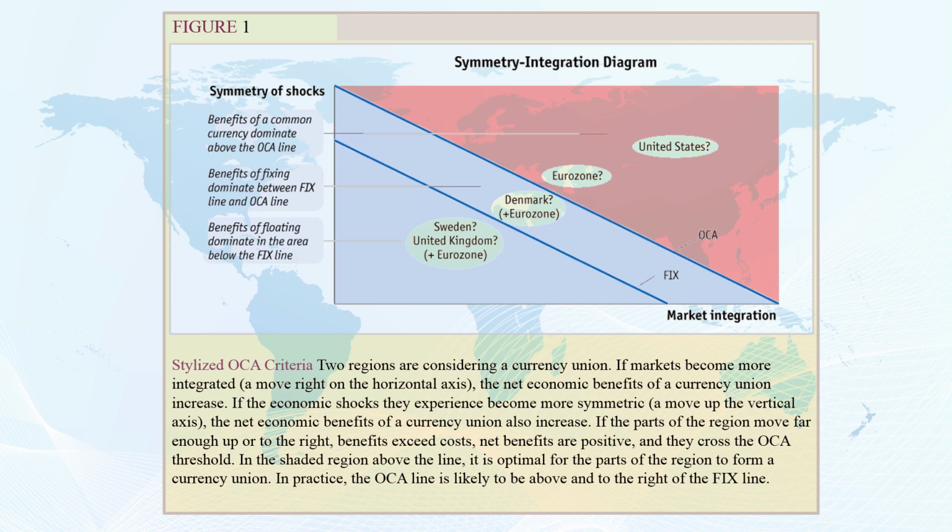If the home-foreign pair moves up and to the right in the diagram, then the benefits increase, the costs fall, and so the net benefit of a currency union rises. At some point, the pair crosses a threshold, the OCA line, and enters a region in which it will be optimal for them to form a currency union based on their economic interests.